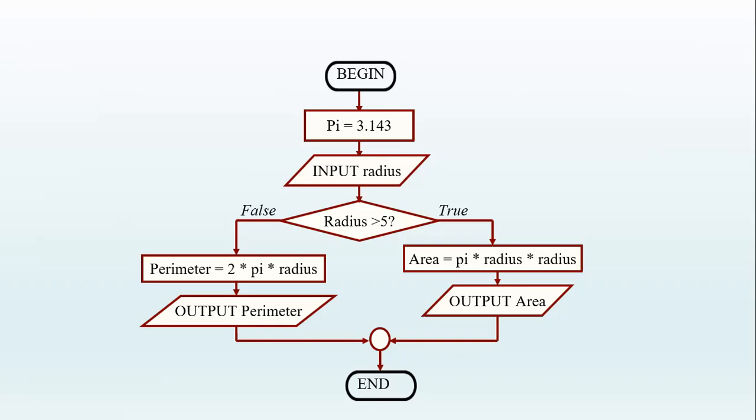The other one is the one with the condition, radius greater than 5, true or false. And then we have 3 symbols, one for input radius, the other one for output radius, and the other one for output area, that are performing the same task.